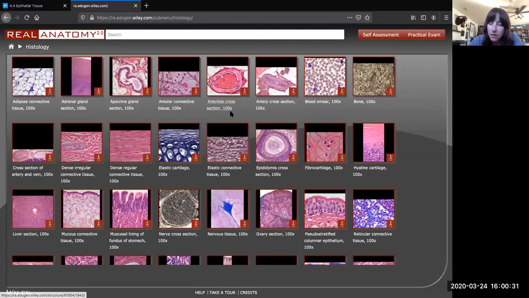I wonder if there even is an example of stratified columnar epithelium.